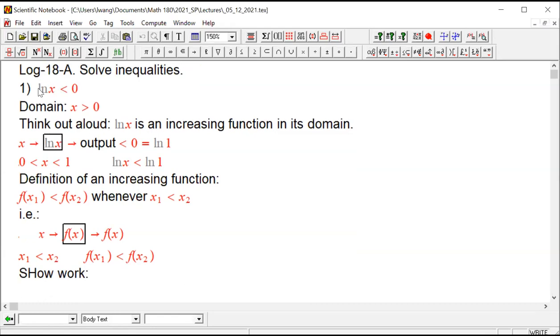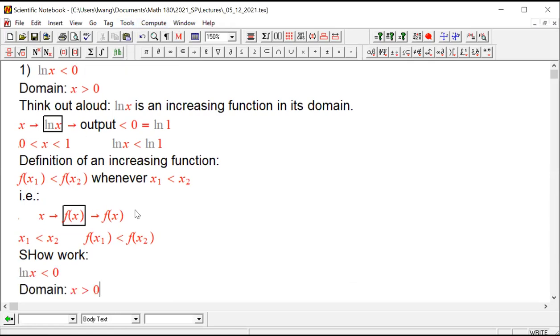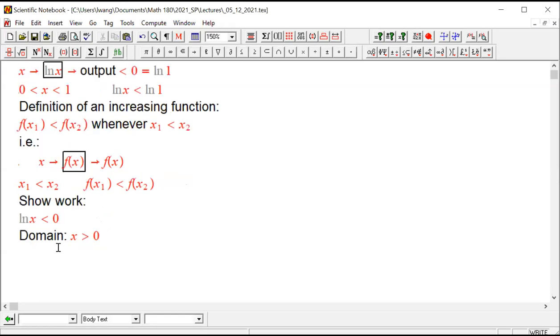Okay, so when we solve, and then solving in the domain, you would just say x is less than 1.